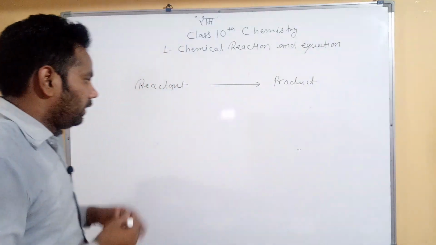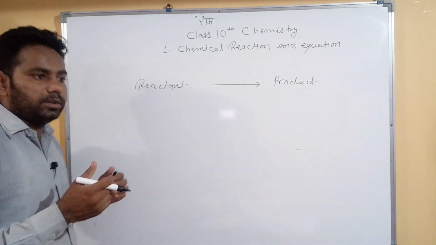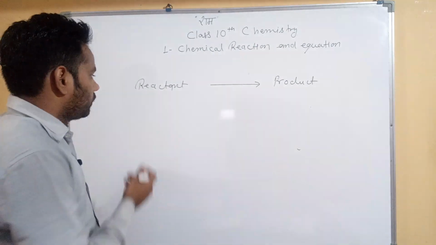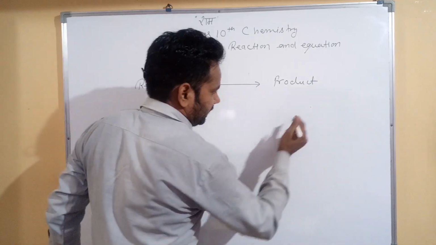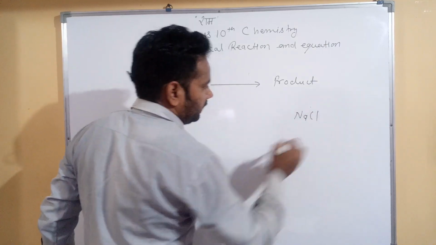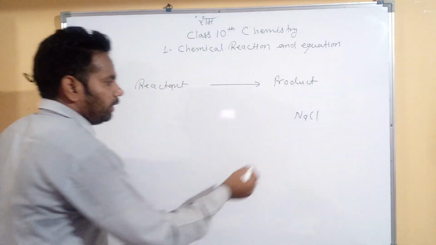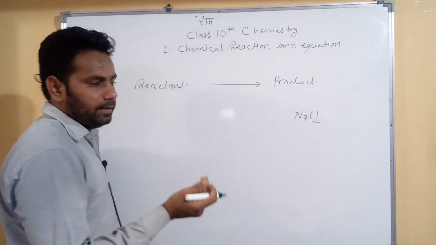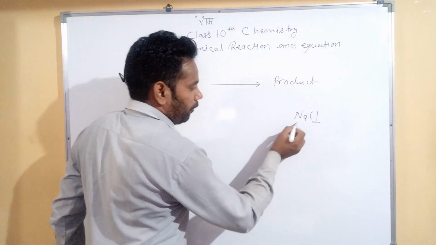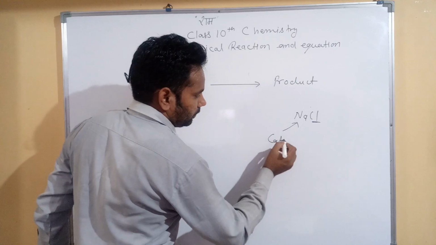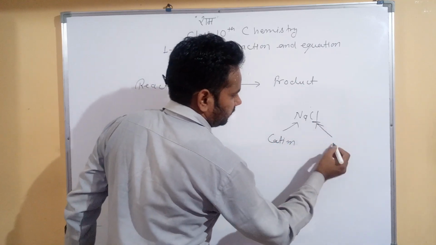First, suppose I want to create sodium chloride. NaCl is the formula. Every chemical formula has one cation and one anion.